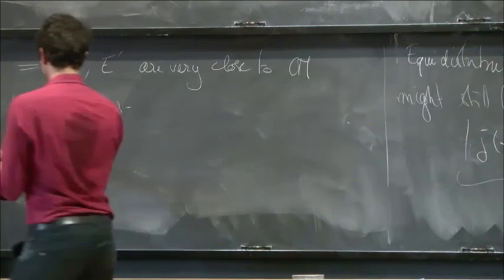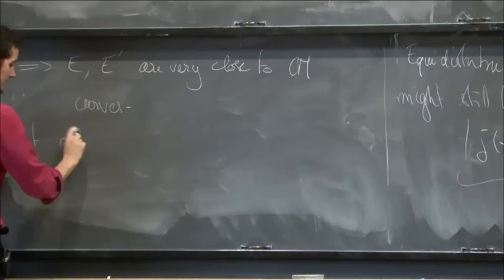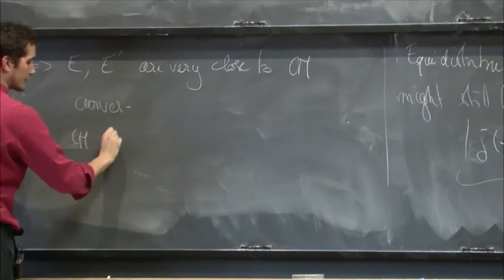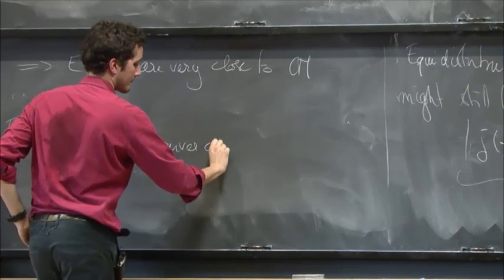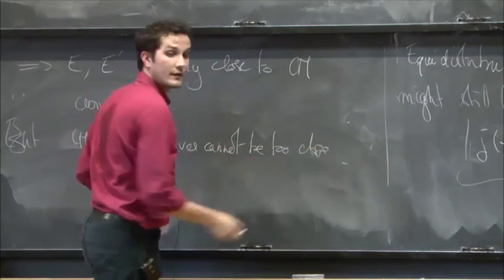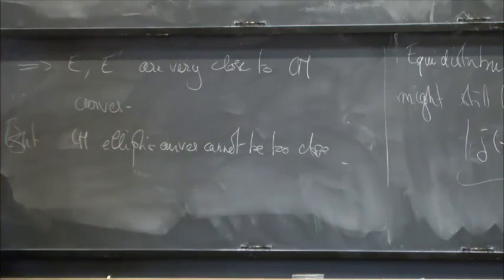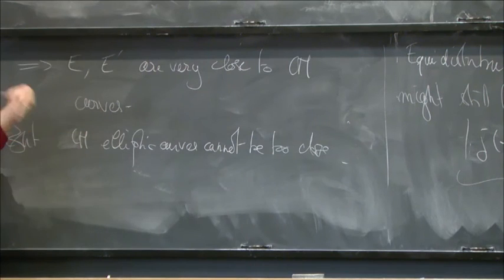But CM elliptic curves certainly cannot be too close to one another, because they correspond to points in the Poincaré half plane with quadratic coefficients, and they cannot be too close for the Poincaré metric, for basic height reasons. So this case is also very good for us, and that's essentially what you use.